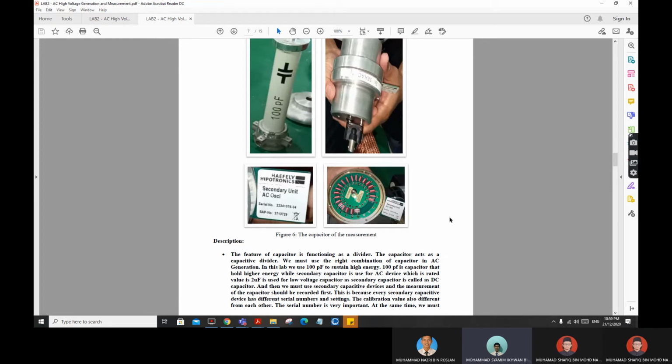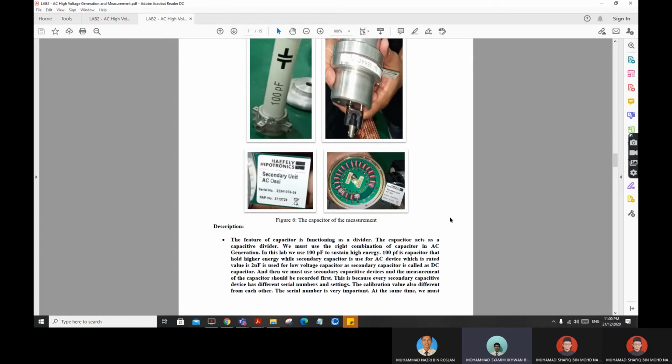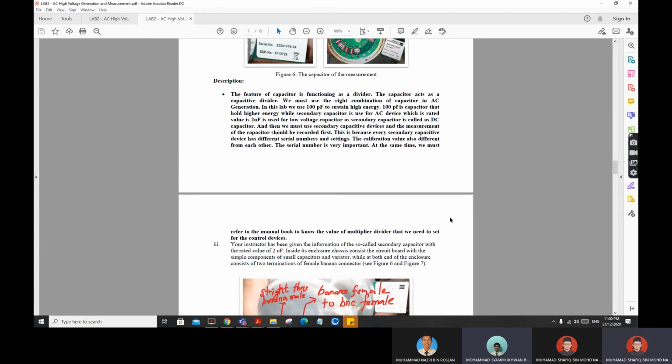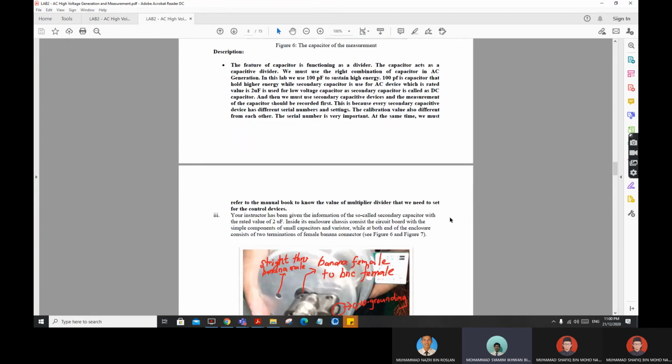We must use the secondary capacitive device, and the capacitor measurement should be recorded first. This is because every secondary capacitive device has a different serial number and settings, and the calibration values also differ. The serial number is very important. At the same time, we must refer to the manual book to know the multiplier divider value that we need to set for the control device.